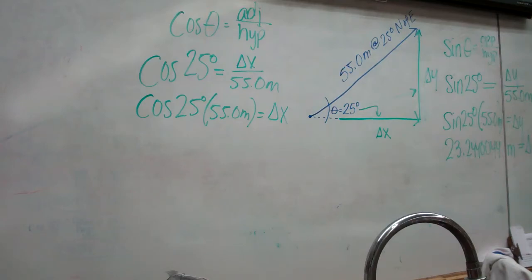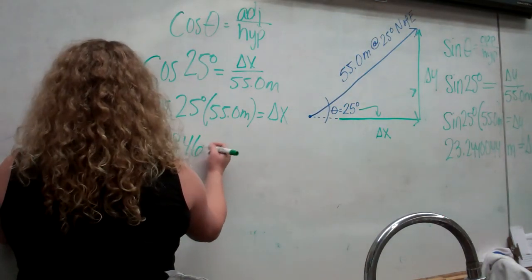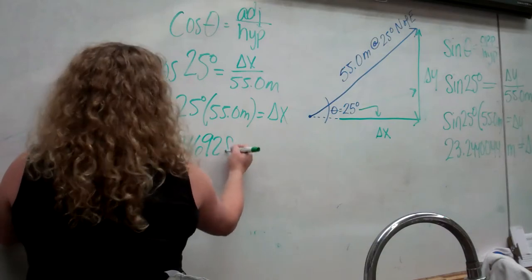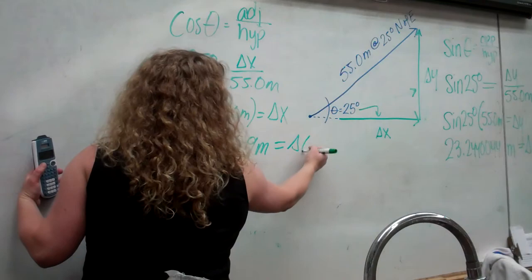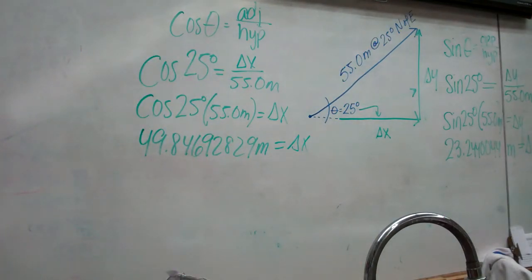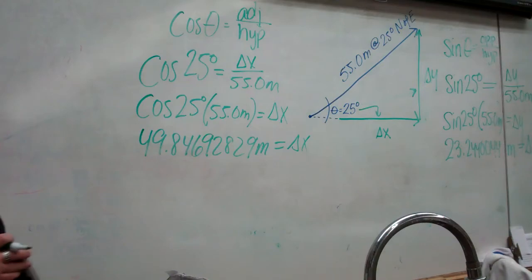Okay. What do you get, Blake? 49.59? Yeah. Okay. Good. So the x component of this displacement is 49.84, etc. Okay, we can sig fig this out.